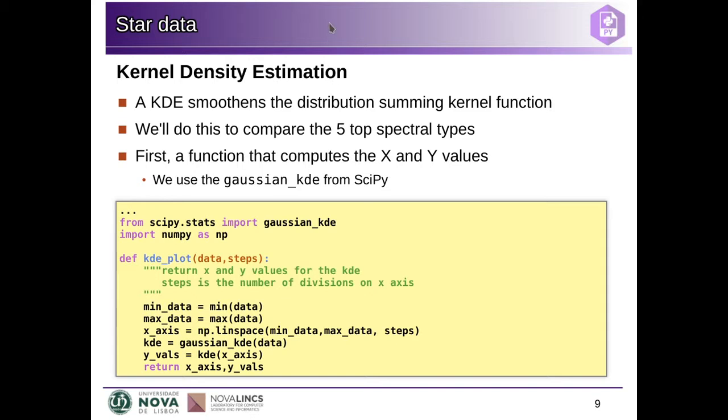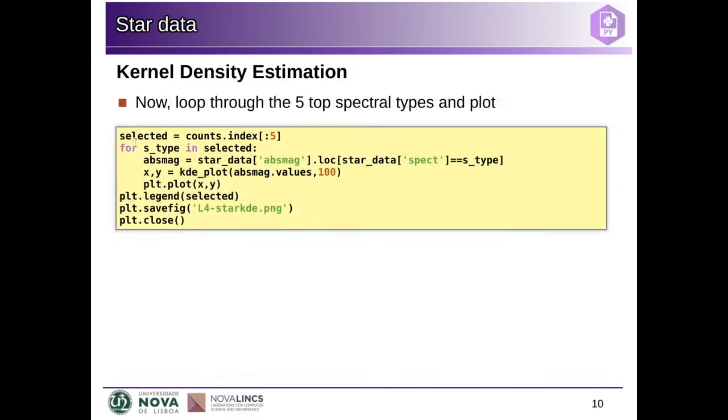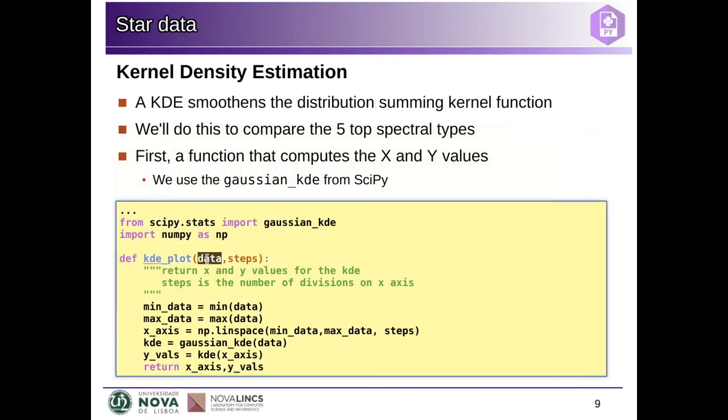Now here is the important trick that, if you miss this, sometimes you get some problems: this absolute magnitude variable here is pointing to a data series. So these have indexes and values. What we want here in our function is just the values, just the data. So a NumPy array with all the values, and we don't care about the indexes.